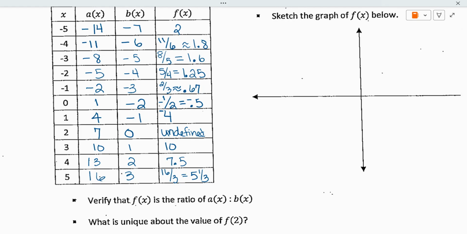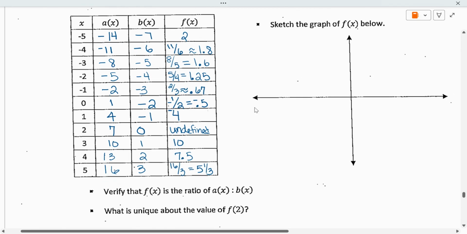So now we're going to plot these points. So I need my x-axis to go from negative 5 all the way to positive 5. So I'm just going to try to divide this up neatly. Negative 1, negative 2, negative 3, negative 4, positive 1, 2, 3, and 4.